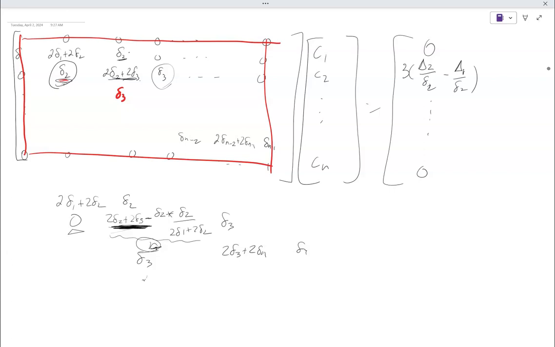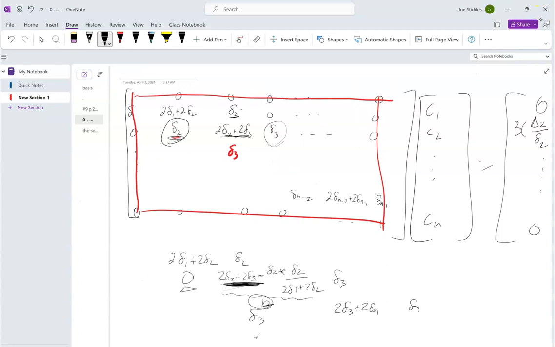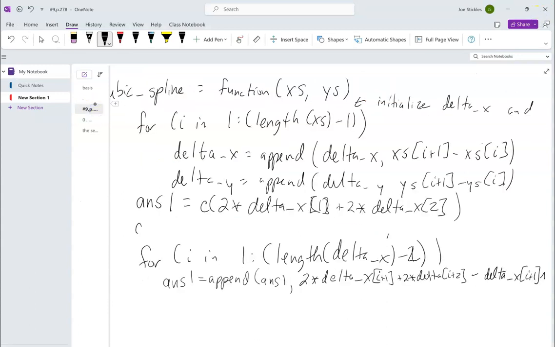Okay. So going back over here again, we'll need to initialize capital. Well, I used delta y, didn't I?